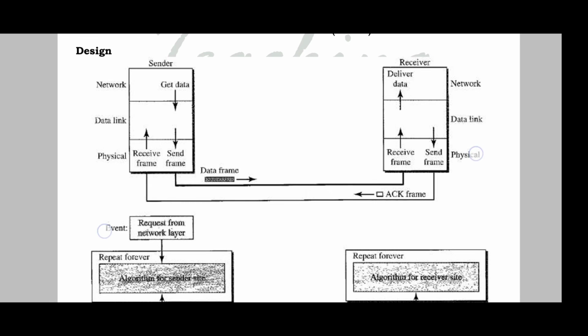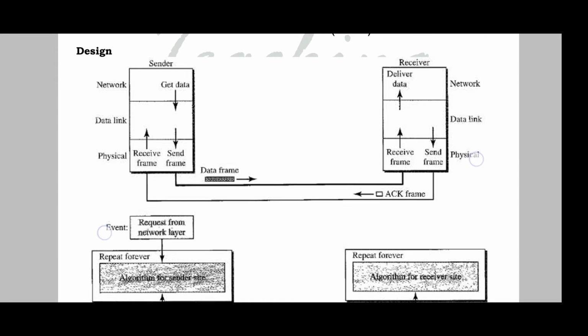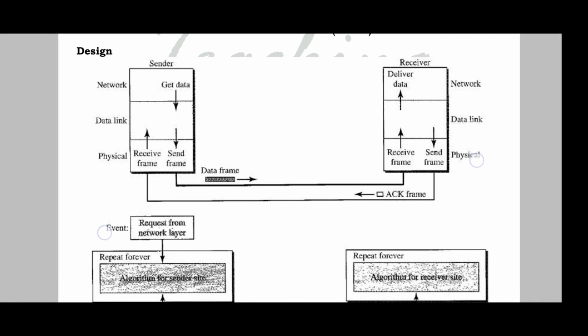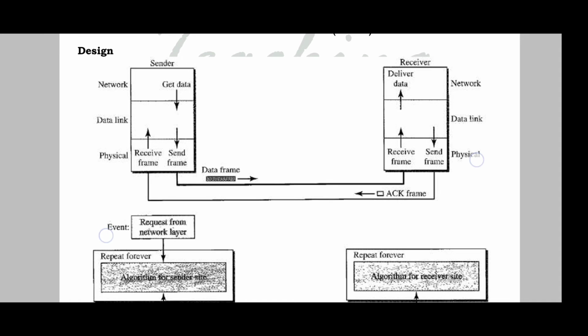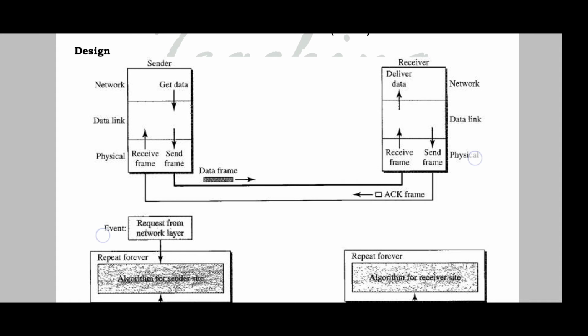The first difference is that it has traffic both from sender to receiver and from receiver to sender. Data is sent from sender to receiver, and the acknowledgement frame is sent from receiver to sender. This is the first difference, and at any time there is either one data frame on the forward channel or one ARQ frame on the reverse channel.